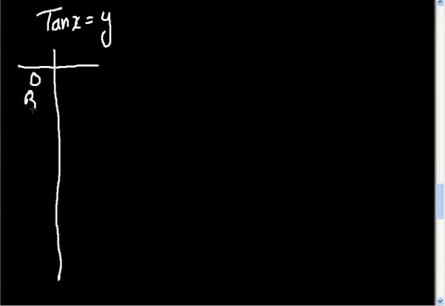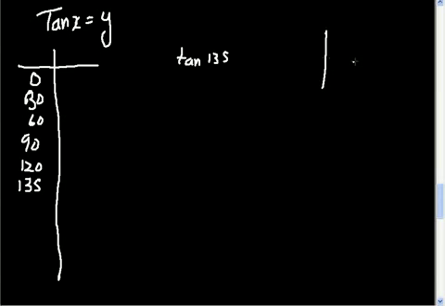So 0, 30, 60, I missed out 45. Never mind. That's 90, 120, 135. Let's pick out 135. Tan 135 is in the second quadrant, so the angle that it makes to the horizontal is 45 degrees.